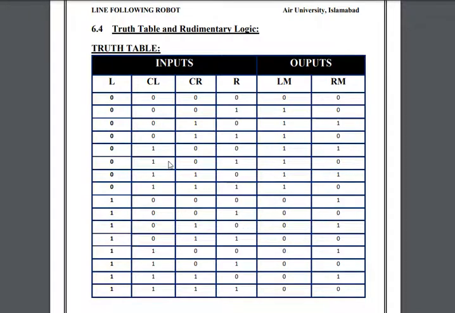So I have assumed that if ever this condition comes, the priority should be given to the right sensor and the left motor should be on. Now this condition, in which both these two sensors are on the black line, is quite understandable: the robot has to move in the forward direction only.